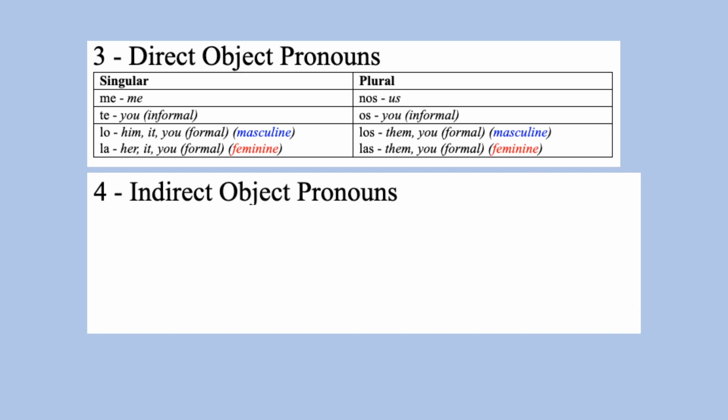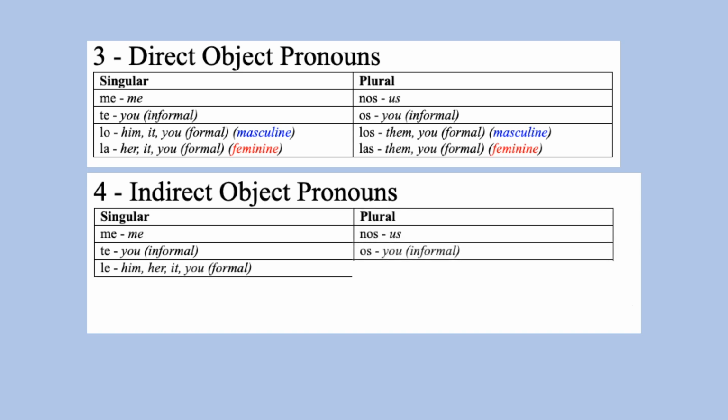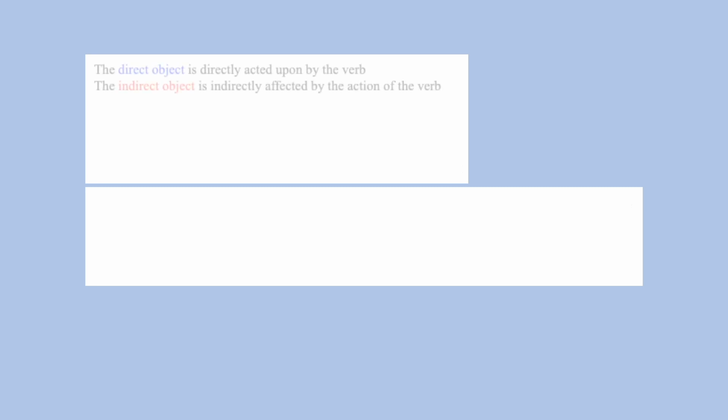The indirect object pronouns are me, te, le, nos, os, les. With the exception of the third person singular and plural forms, the direct and indirect object pronouns are identical. The direct object is directly acted upon by the verb. The indirect object is indirectly affected by the verb's action.